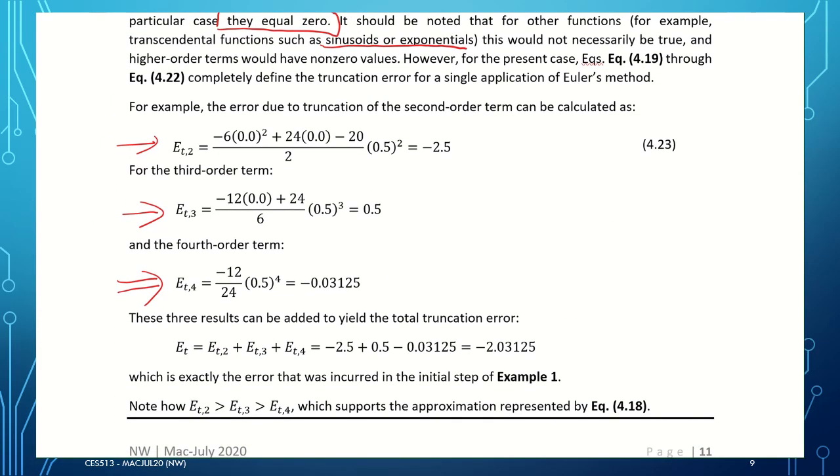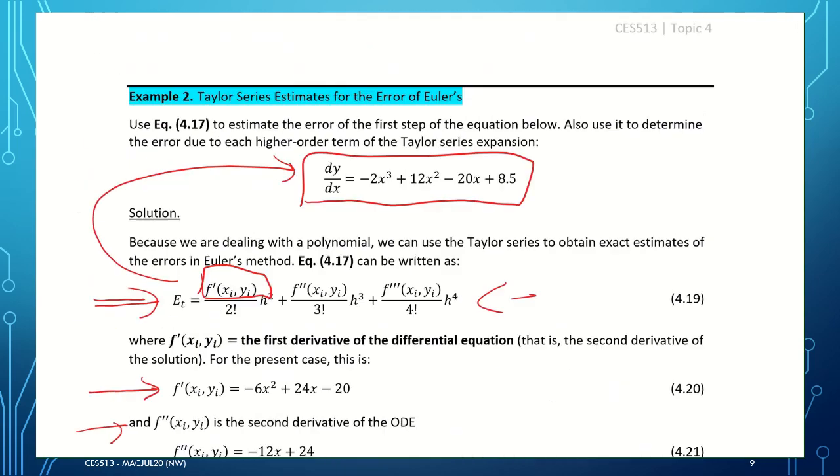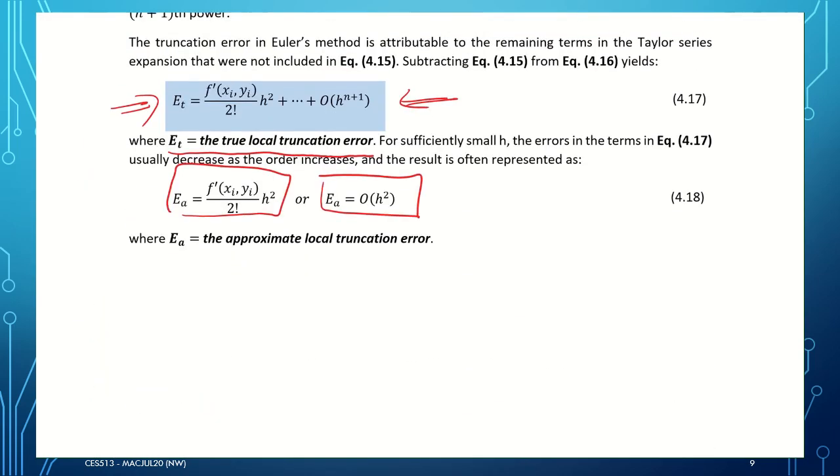These three results can be added together to yield the total truncation error. So this is the total truncation error, which is exactly the error that was incurred in the initial step of Example 1. Note that ET2 is bigger than ET3 and bigger than ET4, which supports the approximation represented in equation 4.18. So this is equation 4.18.